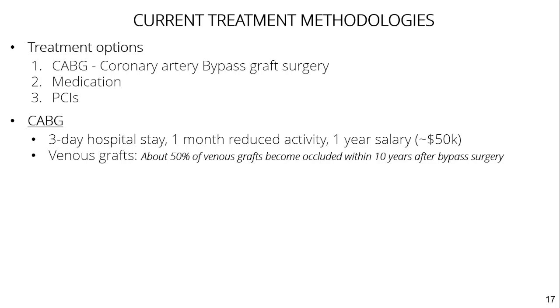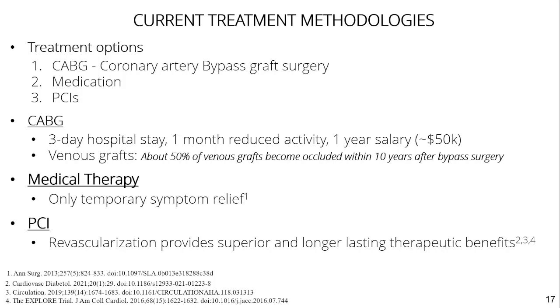CABG, or bypass surgery, typically involves about a 3-day hospital stay with reduced activity and costs about $50,000. And they typically use venous grafts, which become occluded within 10 years. Medical therapy only provides temporary relief versus PCI, which is longer lasting.